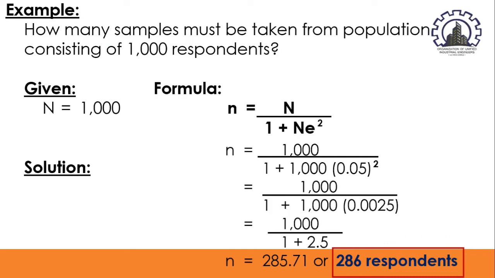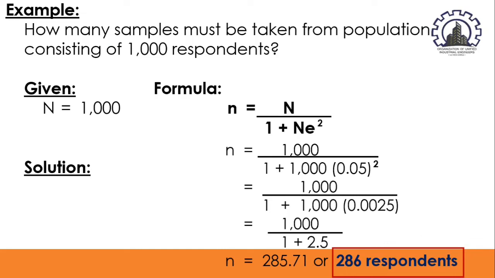And so for that matter, we will be using Slovin's formula so that we will be able to determine how many out of 1,000 respondents we will be conducting survey questionnaires to. Now, remember that our only given information is your population, right? You have 1,000 respondents.